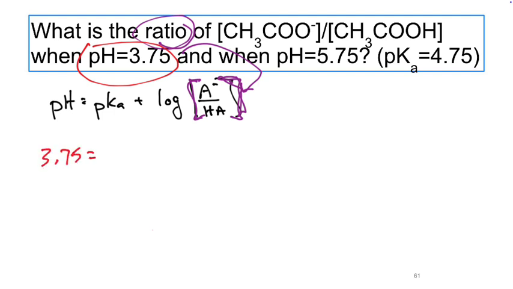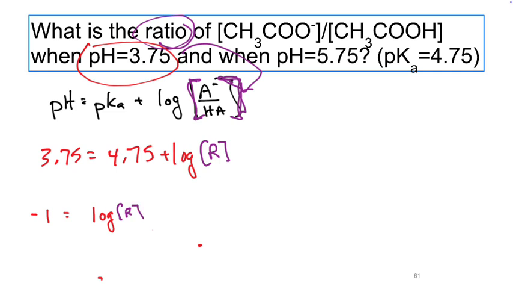Okay, so if the pH is 3.75, 3.75 equals my pKa. My pKa is 4.75 plus the log of my magic ratio, which I'll just call R. So to simplify, I'm going to get -1 equals log of R. Does everybody agree? 3.75 minus the 4.75 from both sides. Pretty sure I did that math right.